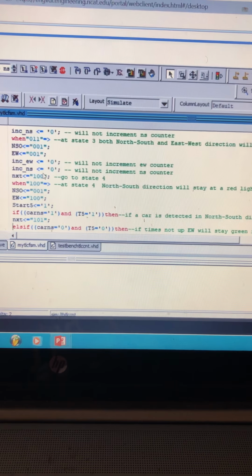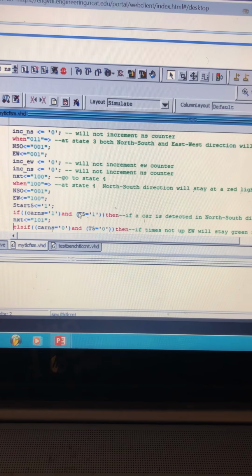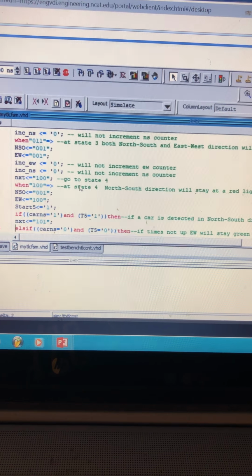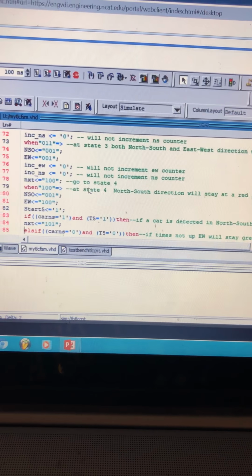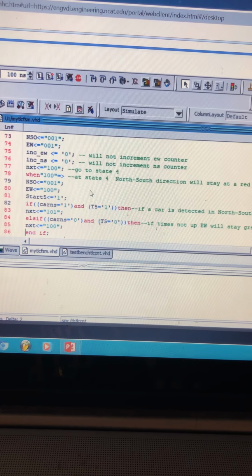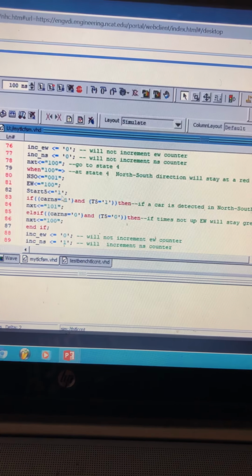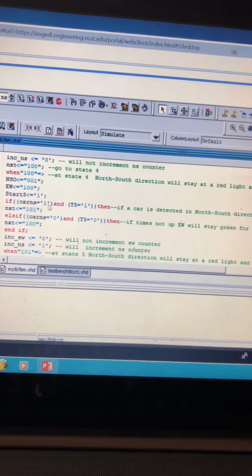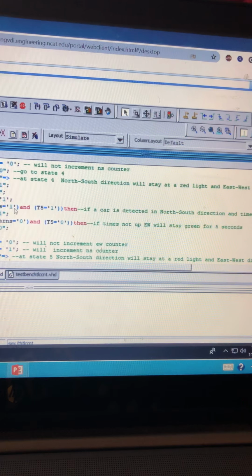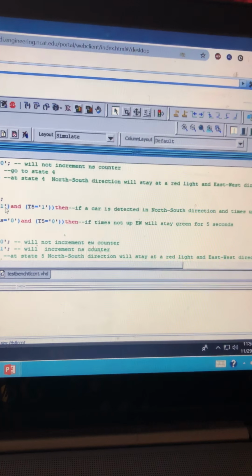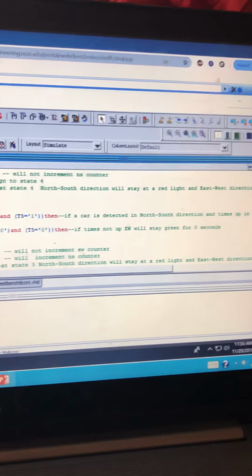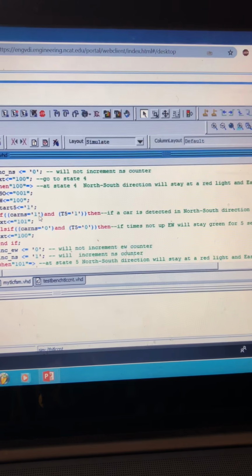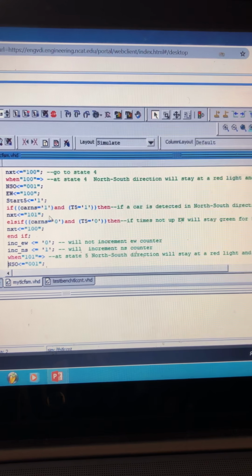I have in state 4 that north-south will be red and east-west will be green. You can see my start 5, which means my timer has started. If there's a car detected in the north-south direction and the timer is up in the east-west direction, then it will go to its next state.